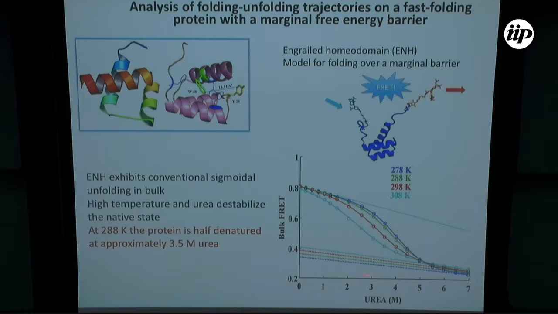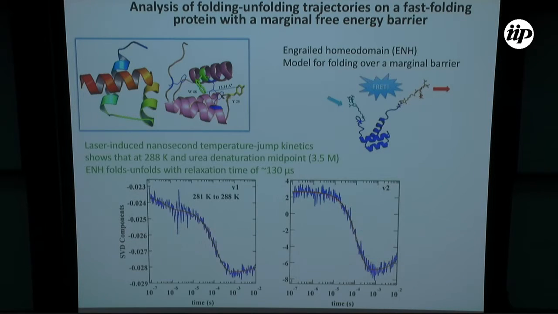Half the native, which is right there. In T-jump experiments, we could see that the relaxation time for this protein at that temperature is on the order of 130 microseconds. So a little bit faster than BBL at 5 degrees, but still relatively slow, slower than lower temperature, a higher temperature, sorry.